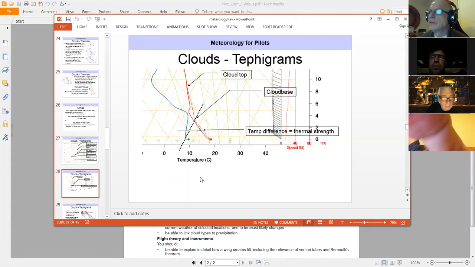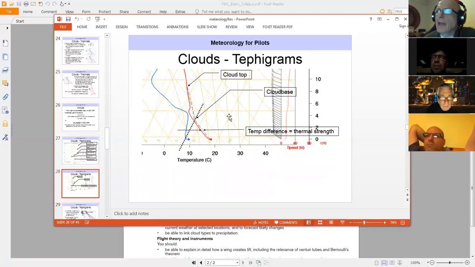So let's just go to this one. This is like zooming into that. So here we have the red line again, the environmental lapse rate. The dotted line is our predicted thermal. So it releases from the ground here.